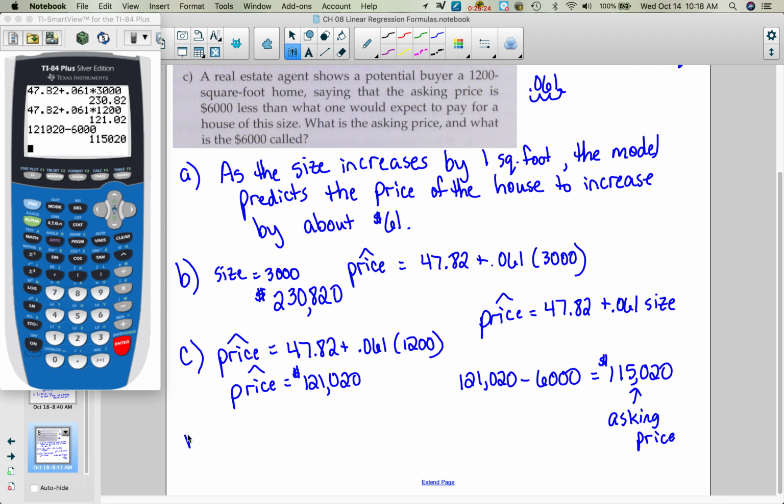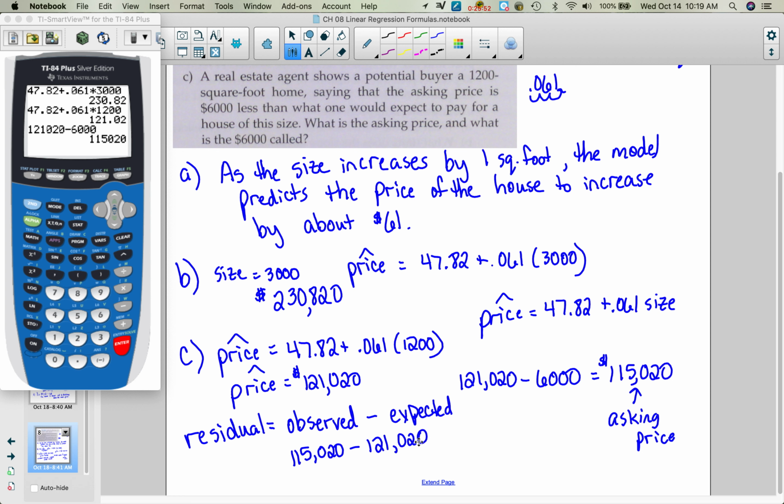Remember, to get the residual, you take the observed minus the expected. The observed would be the $115,020 because that's what is really being asked. The expected would be $121,020.